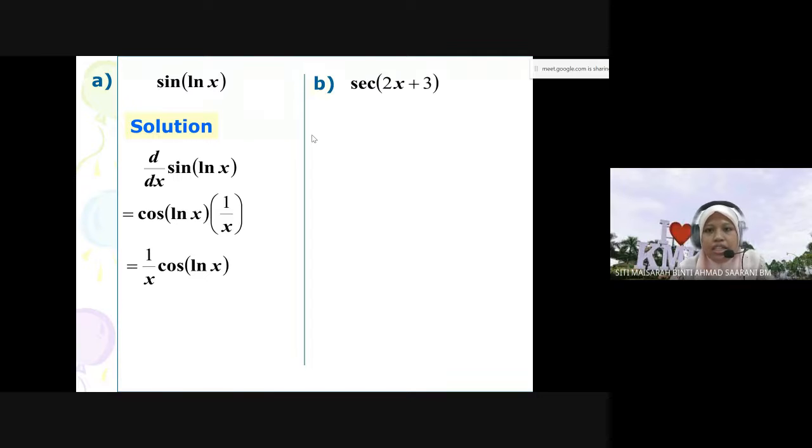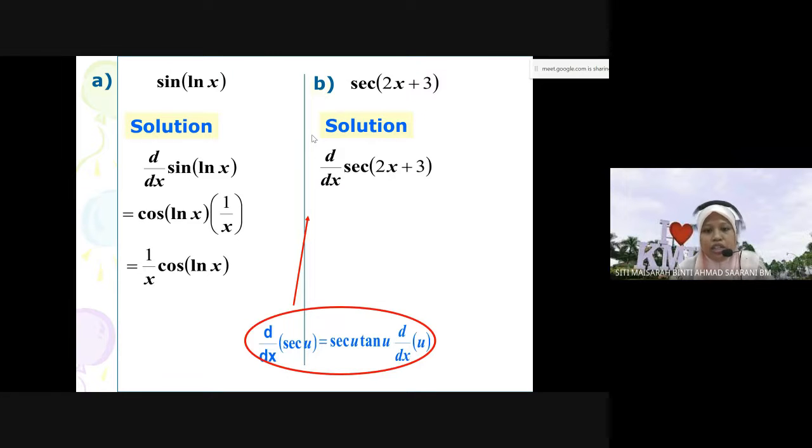And then for B, secant of 2x plus 3. To differentiate secant of 2x plus 3, we apply secant differentiate with respect to x, secant u. It becomes secant u tan u, differentiate u with respect to x. So then it becomes secant of 2x plus 3 multiply tan of 2x plus 3 multiply differentiate 2x plus 3, which becomes 2.